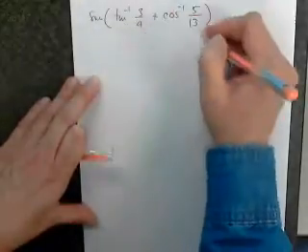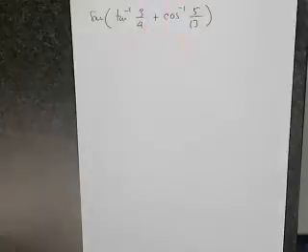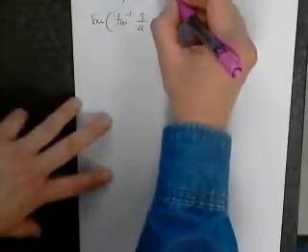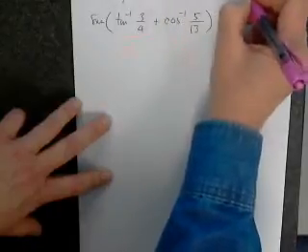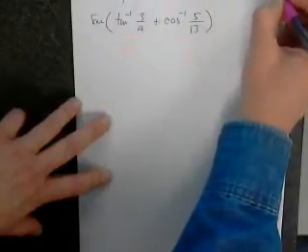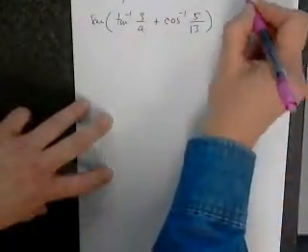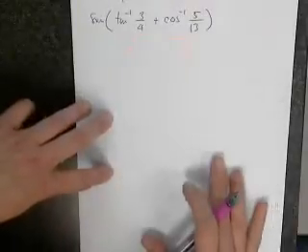So this is alpha, this is beta. So I'm really asked to find sine of alpha plus beta. I'm going to write my formula right here. Sine of alpha plus beta is sine alpha cosine beta plus sine beta cosine alpha. So I need to determine 4 numbers and put them in, and then I'm done.